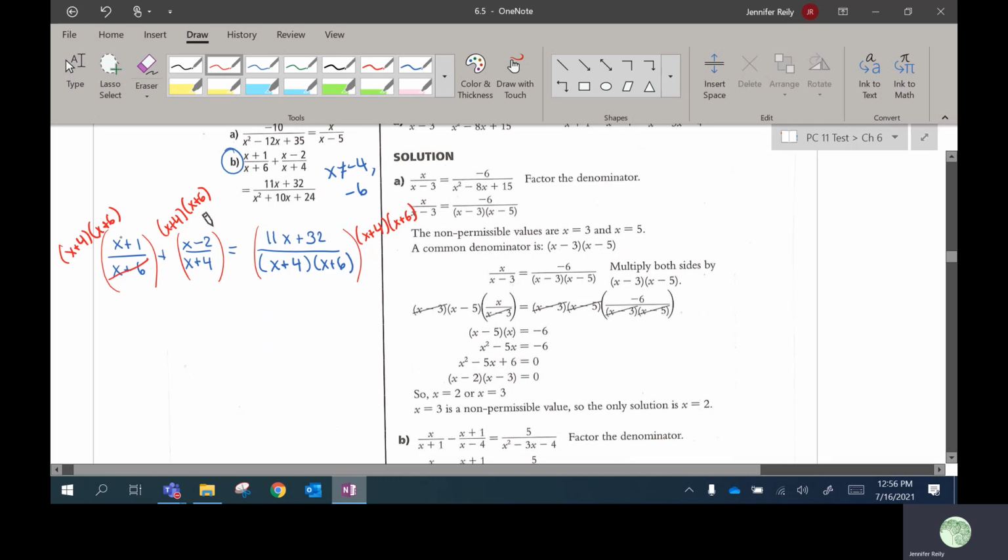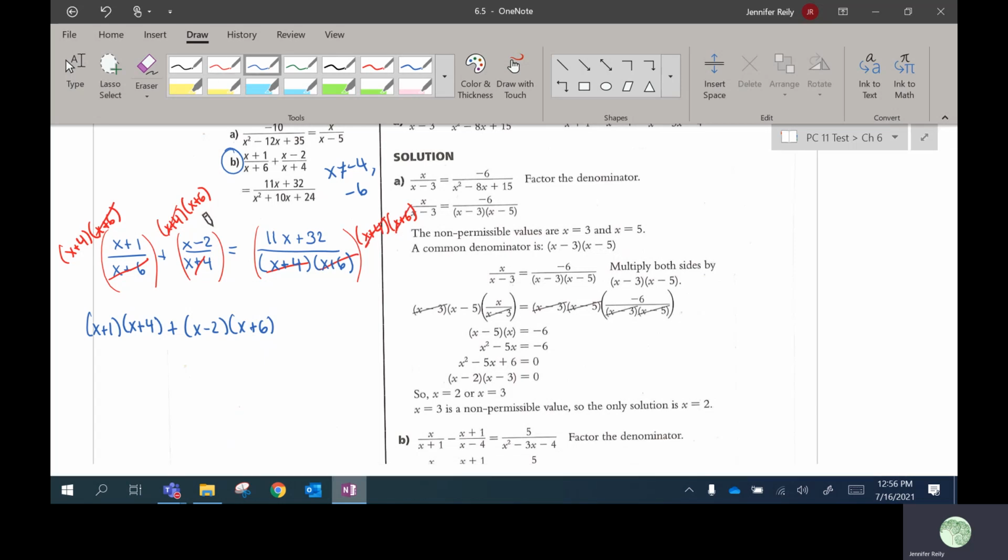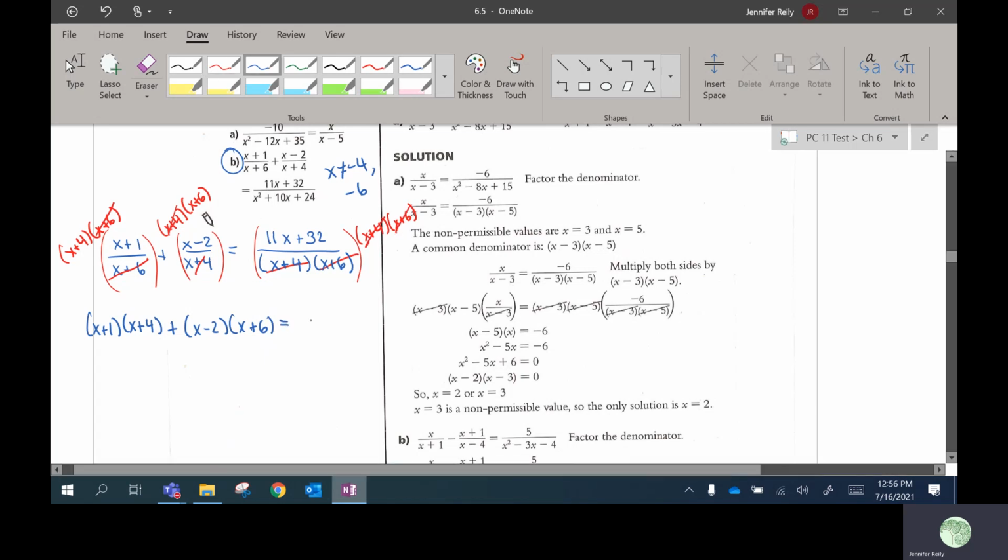Okay, so for the first term, the x plus 6's will cancel out, so I'll just be left with x plus 1, x plus 4. For the second term, the x plus 4's will be canceled, so I'll be left with x minus 2, x plus 6. You have to be really proficient with your polynomials here. For this one, they all get canceled out, so I'll just have 11x plus 32.